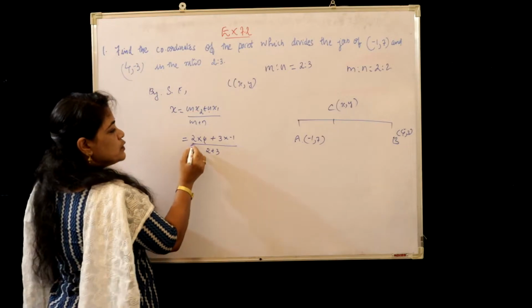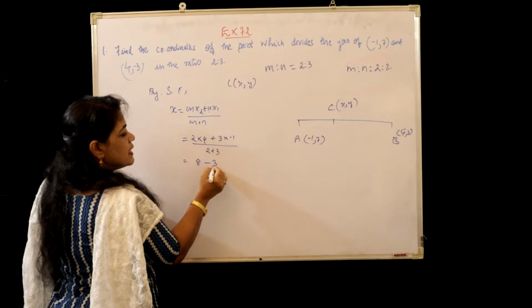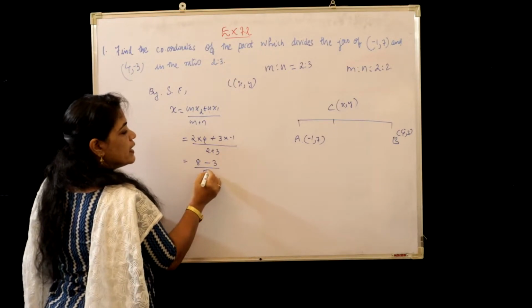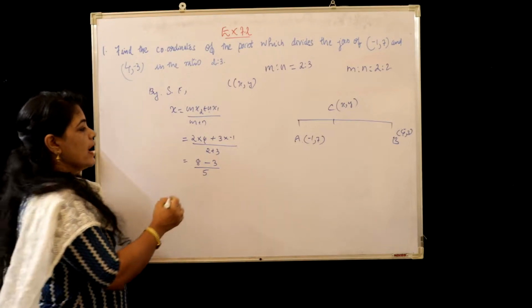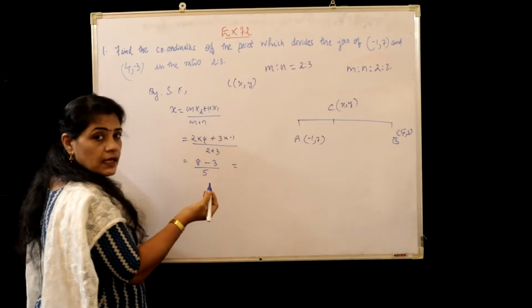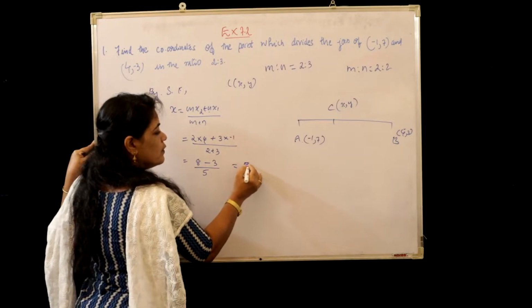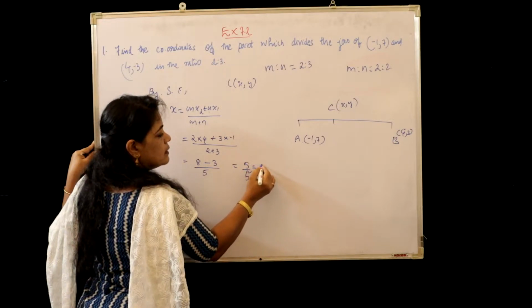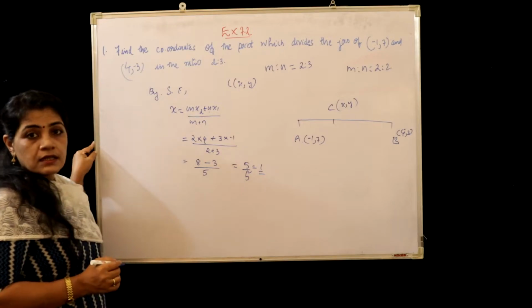So 2 4s are 8, minus 3, 3 into -1, divided by 5, and 8 minus 3 is 5, 5 by 5 is 1. So the x coordinate is 1.